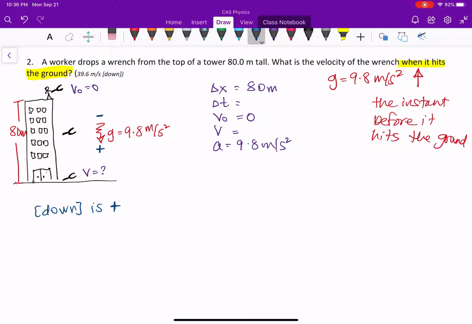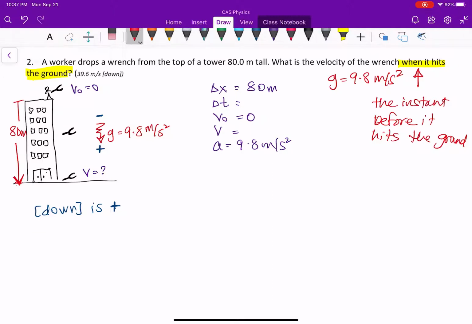This 80 meters is falling down, so that's also positive. So without really meaning to, because everything's moving in one direction, I have it that down is positive, and it makes sense. Sometimes you will choose a sign convention unintentionally, and in this case, we made down positive.